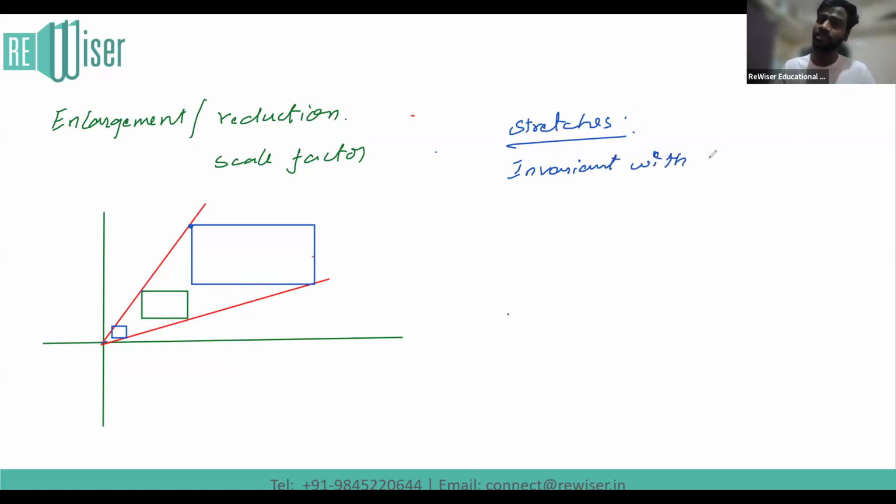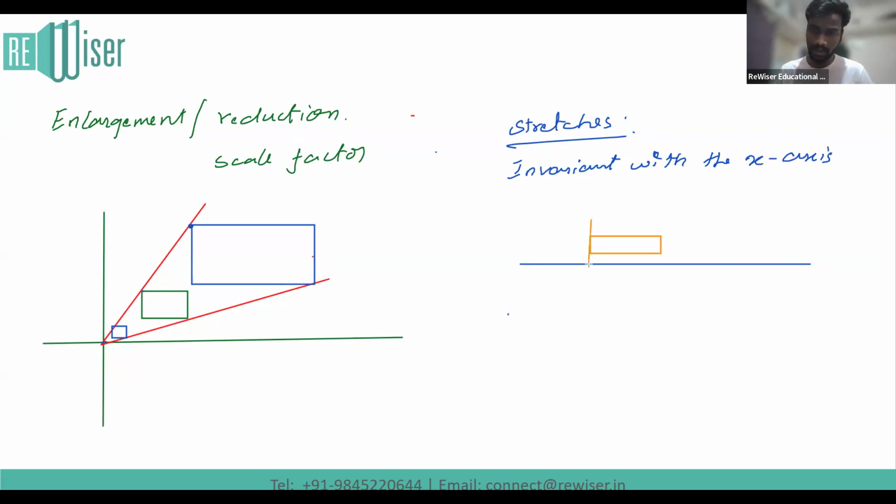So whenever we say invariant with the x-axis, that means the vertical stretch will happen. The stretch would be perpendicular to the x-axis. Let's say I have the x-axis something like this, and some rectangle something like this, when you do the stretch it will happen perpendicular to the x-axis.